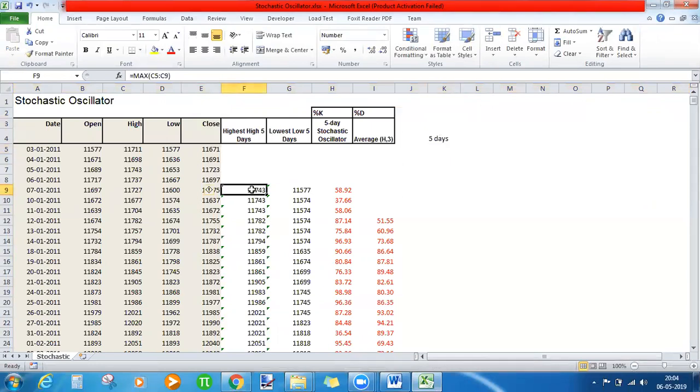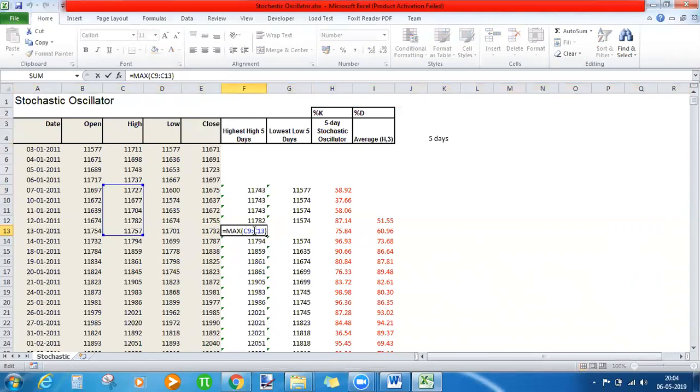For that, we'll use the formula MAX for finding the highest high, and the formula MIN for the lowest low of the past 5 days. When I press the F2 button, within this low column you will get the lowest low value, and the highest high you will get within this column. The same applies to all the cells here.